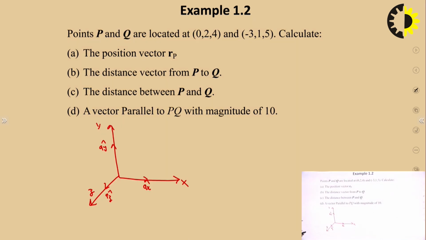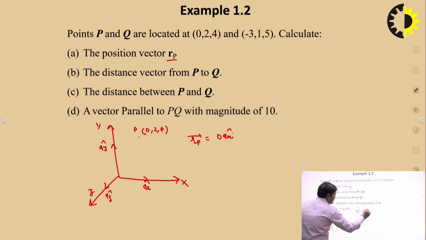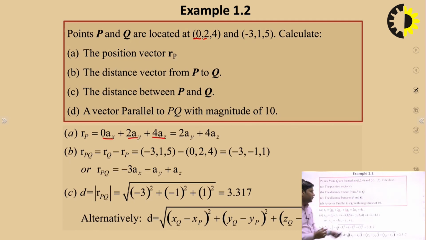The coordinates of P are (0, 2, 4), so we easily calculate the vector of P. That means the position vector RP is 2ay plus 4az.